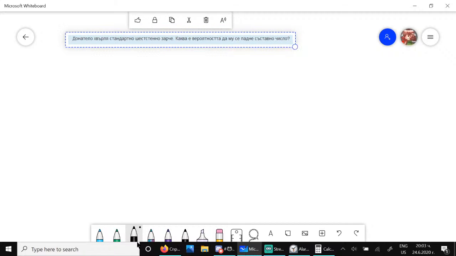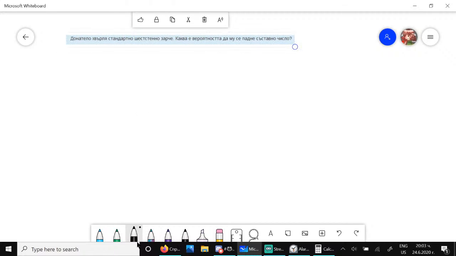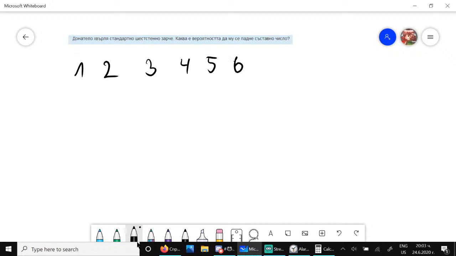I'll just type every possibility and we will see which are non-prime numbers. So 2 isn't, 3 isn't, 5 isn't, 4 is a non-prime number, and 6 is a non-prime number.